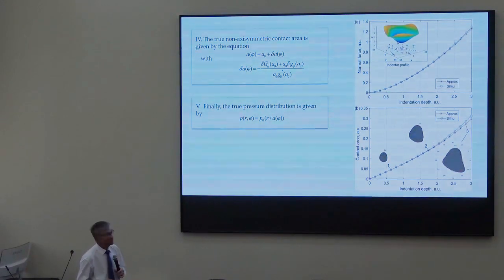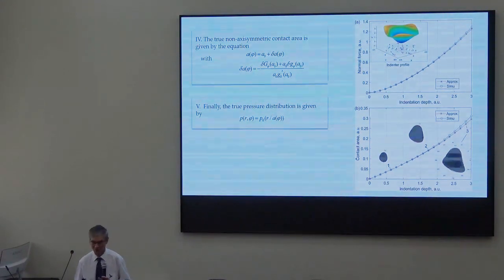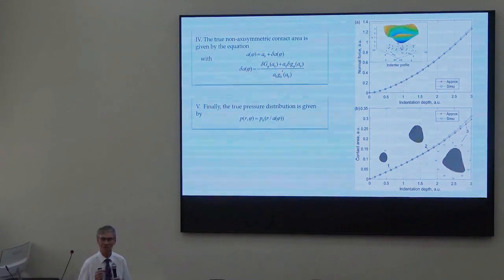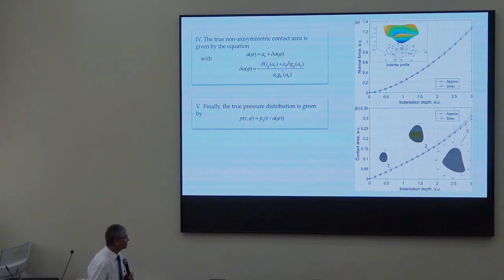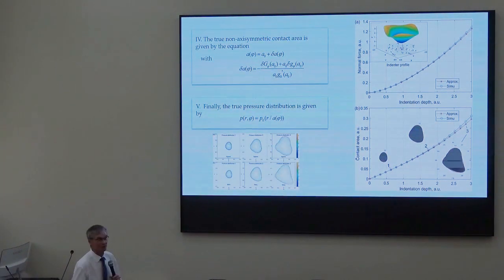And here are comparisons of this theory of the MDR with a high-resolution boundary element method. This is the shape and the normal force as a function of indentation, the contact areas and the pressure distributions.